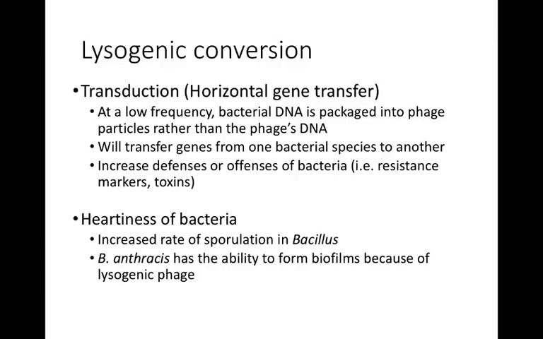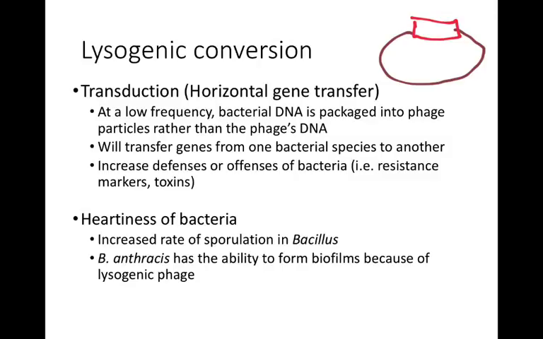Finally, we describe sometimes the process of bacteria gaining one of these lysogenic phage or temperate phage as lysogenic conversion. And what we find is that lysogenic conversion can improve the quote-unquote hardiness of a bacteria. It can also contribute to pathogenicity. There are a couple examples of how this can happen. In some cases, viruses make mistakes. Upon removal of their prophage from the host cell, they may actually grab or accidentally take some of the host DNA with it.